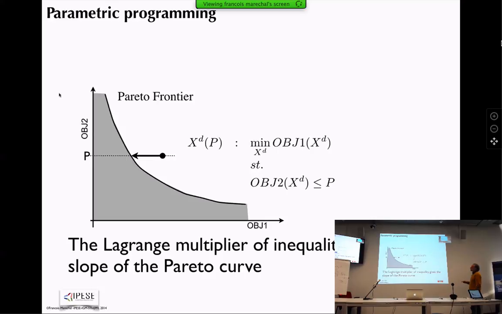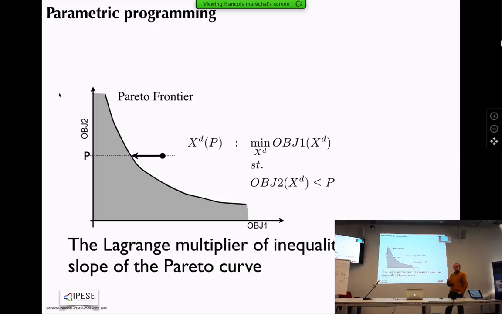And then what I'm going to do is change the value of the parameter. So I'm going from here and progressively going to here, and I will therefore have a set of optimization problems that will be solved, that will generate the curve which is here. Okay? And for your information, the Lagrange multiplier, which is the strength of these constraints on the objective 1, is giving me the slope of this curve.